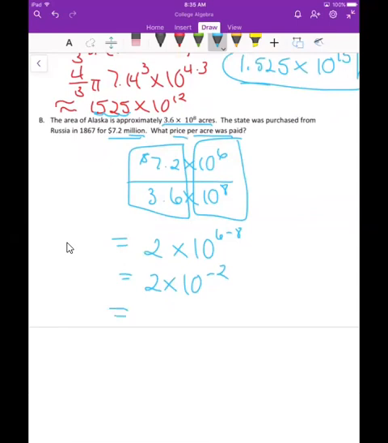What would that number be in decimal form? And you should get 0.02. Remember your units here. That was dollars per acre. So when we bought Alaska, it only cost us about 2 cents per acre. And we did that calculation with giant numbers in just a couple of seconds by using some of those exponential rules.